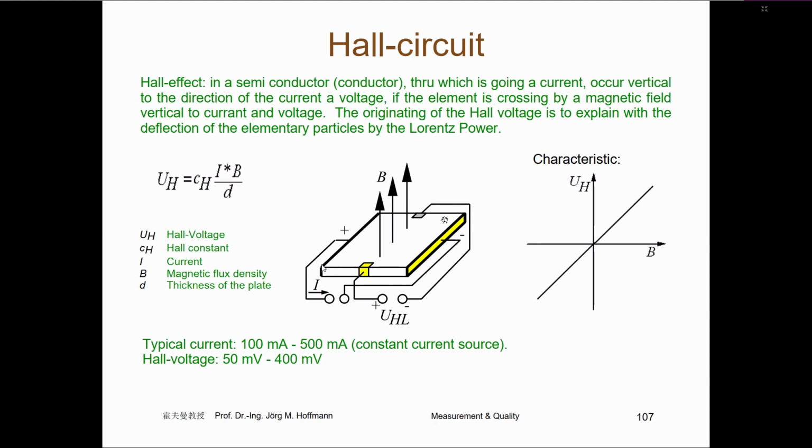So you get here more electrons, here less electrons, and you can measure minus and plus here the voltage. When you have no magnetic field, the electrons make no bow. They go from the right to the left side, and you have zero.